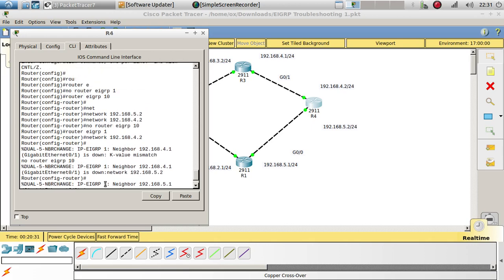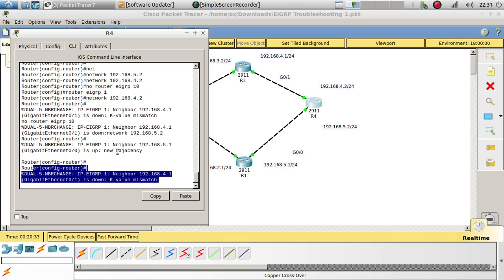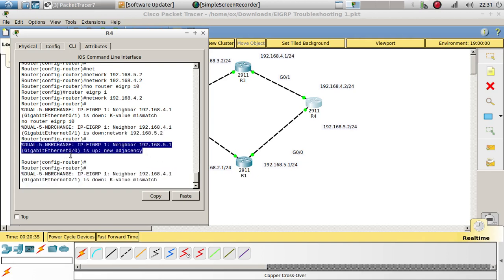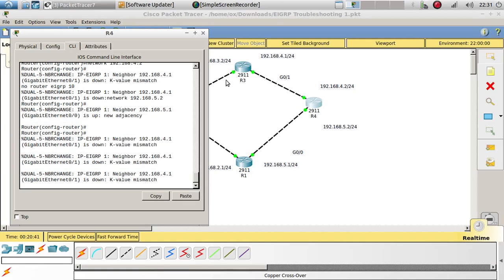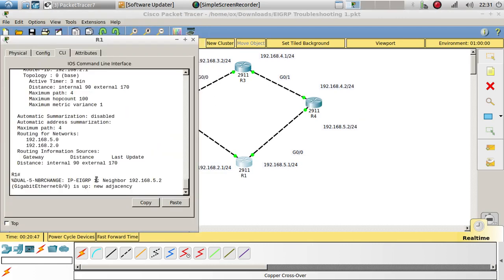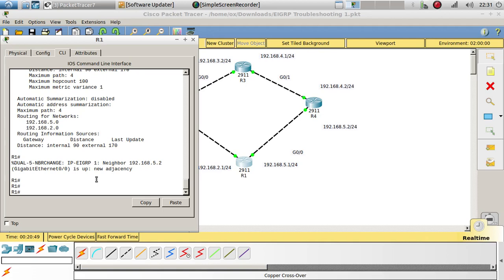Okay, so now we can see that we formed a relationship with router 1, and we are getting some K mismatch coming from this neighbor over here. So we also have an error over there that we're gonna have to fix. But let's see if we have a neighbor relationship.